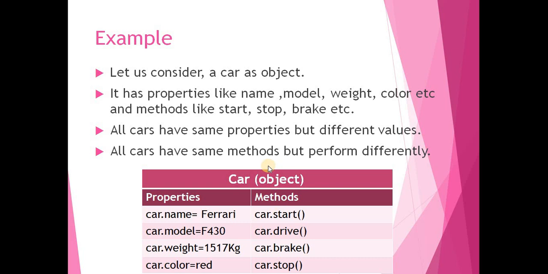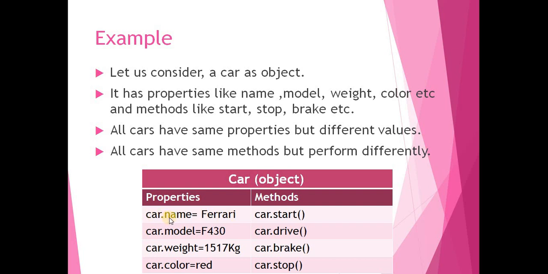Okay, now here we have a diagrammatic representation of what we just studied. Car is an object, properties, car dot name. So here the dot operator is used to access the properties. Object name dot property name equal to value of the property. Okay.